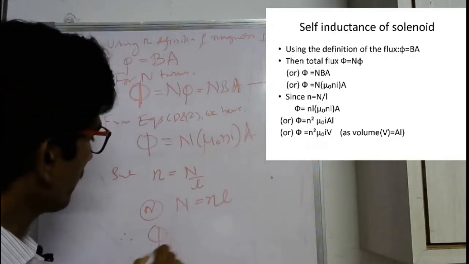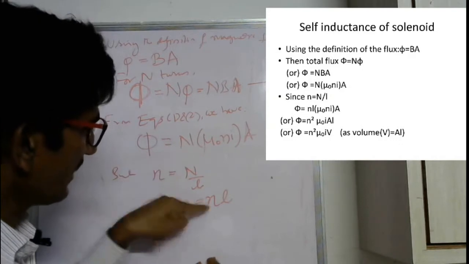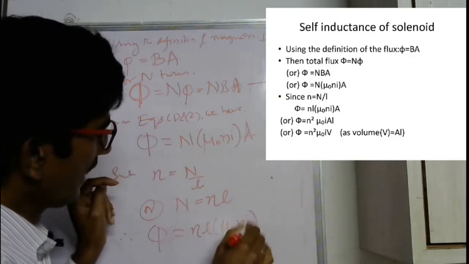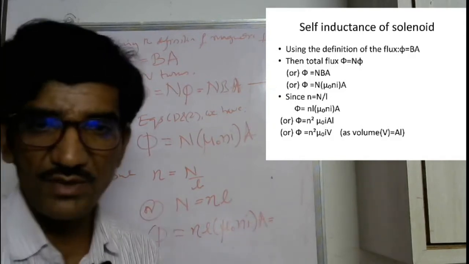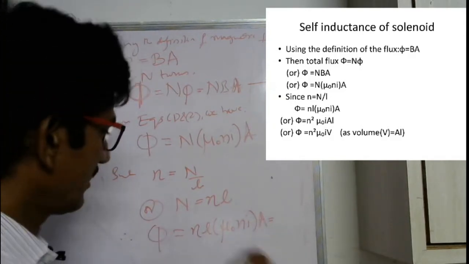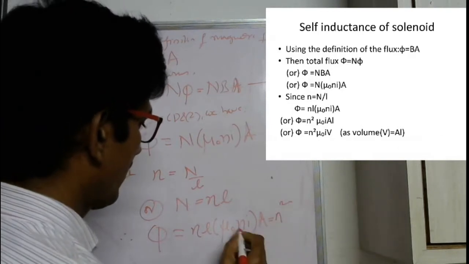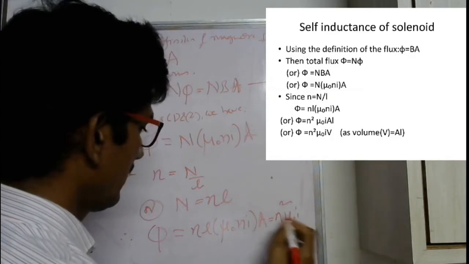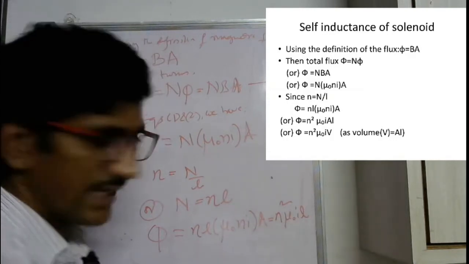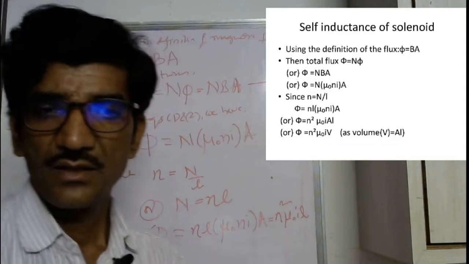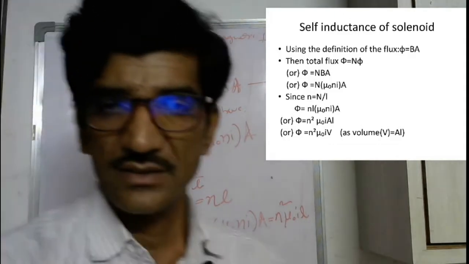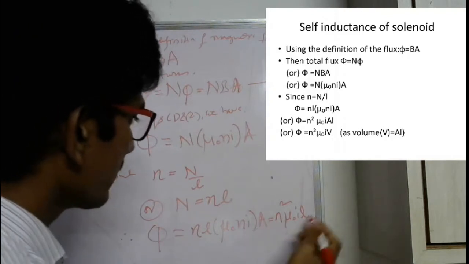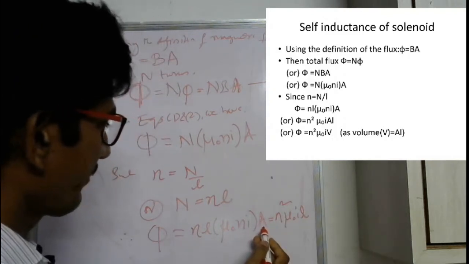Therefore, what happens to your Phi? You write in the place of N, nl. nl mu naught n I A. This is equal to how much? n squared mu naught I into l, and again you have A also.